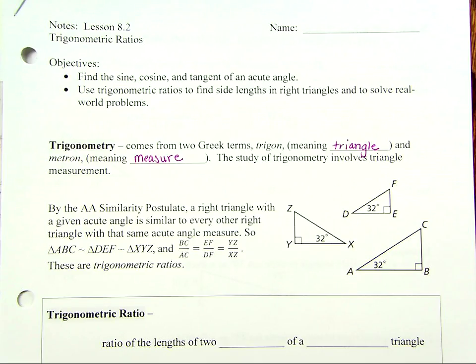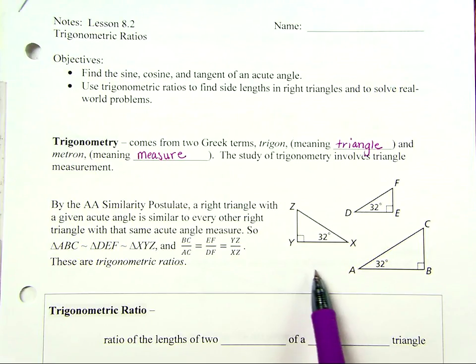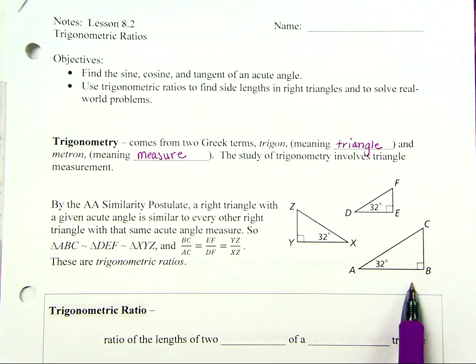If you look at the diagram in the middle of your page, we have three triangles, and I can see that I have right triangles and they all have a 32-degree angle. So all three of these triangles would be similar by the angle-angle shortcut.